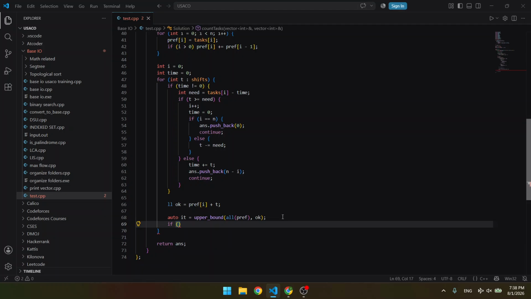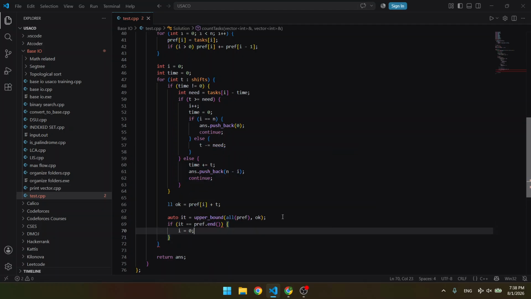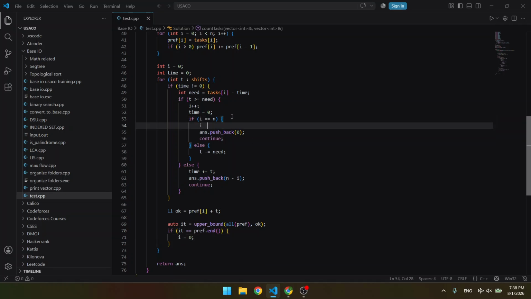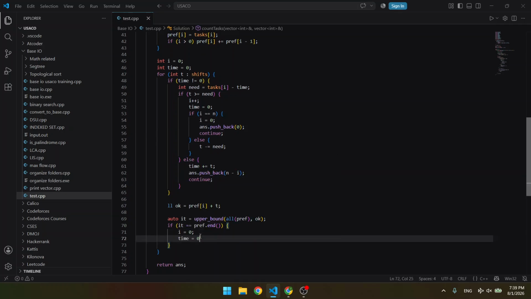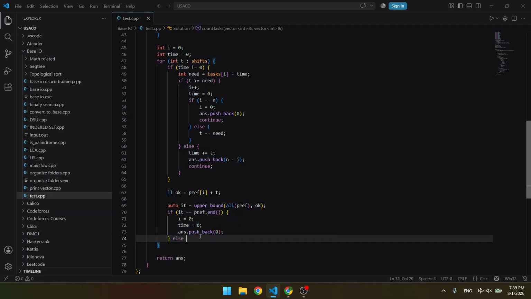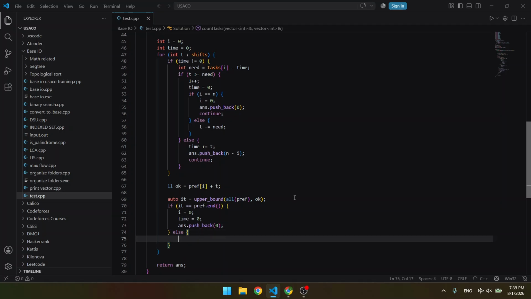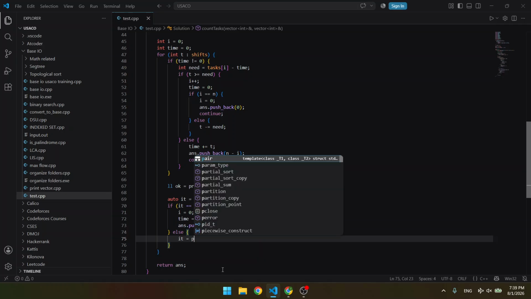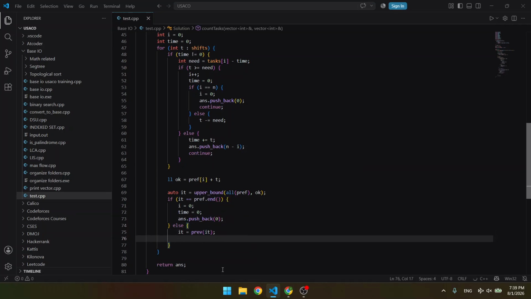Okay, if it is equal to pref dot end, i will be equal to 0. Once i is equal to 0, then time will also be equal to 0, and push back 0. Otherwise, it will be pref it.